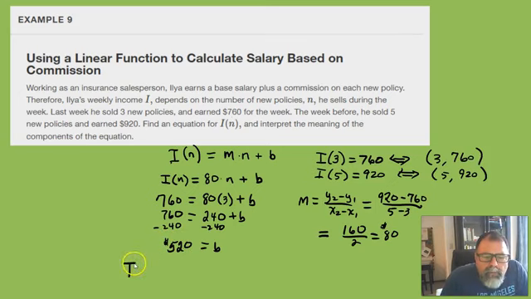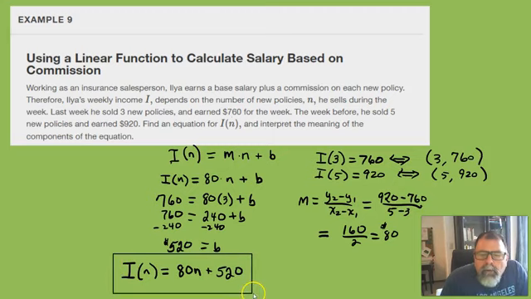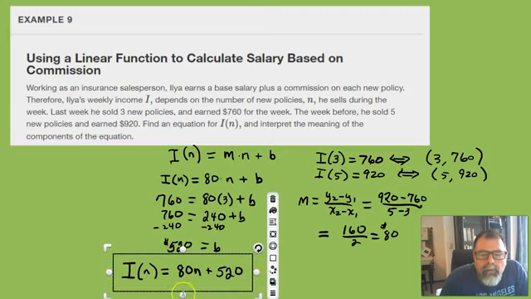So our formula is I of n equals 80n plus 520. Is that all we wanted here? Interpret the components. So n is the number of policies we sell, 80 is the commission for each new policy, and 520 is the base salary.